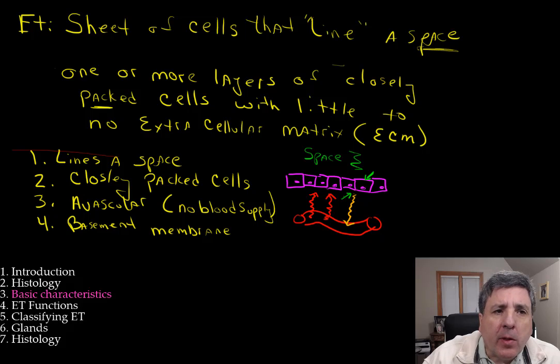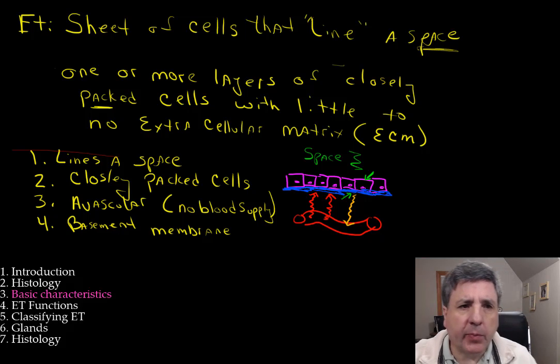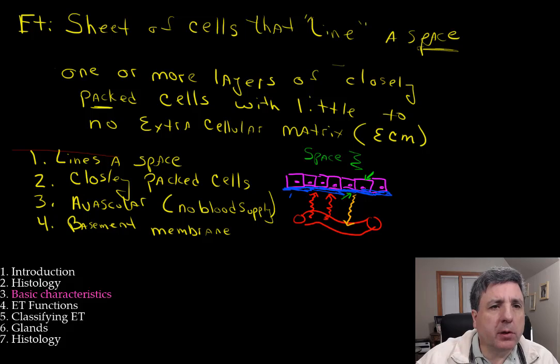This side is where the basement membrane is going to be. The epithelial tissue is going to be connected to that surface of the cell. So this is going to be the basement membrane.